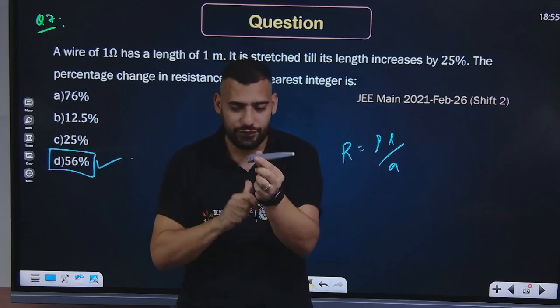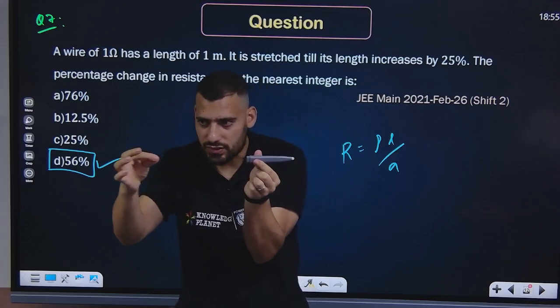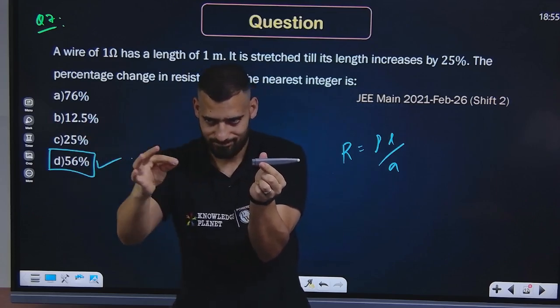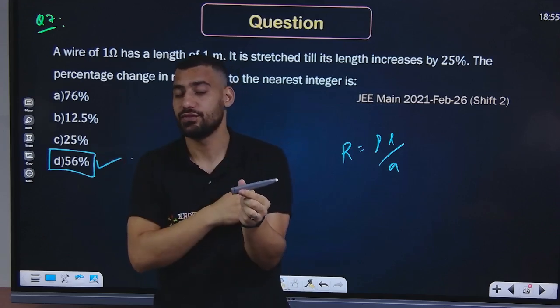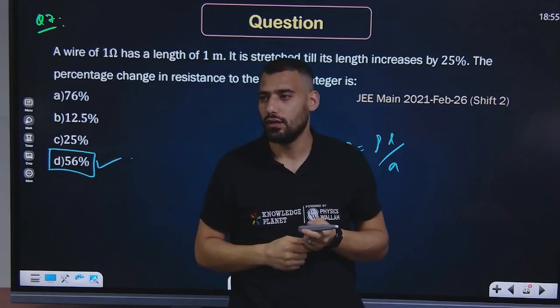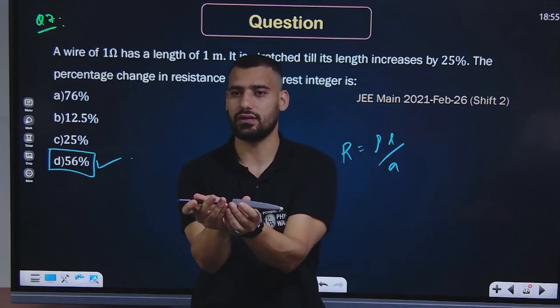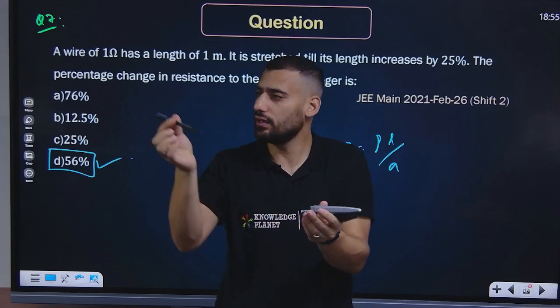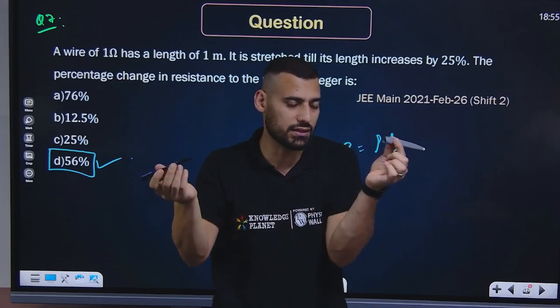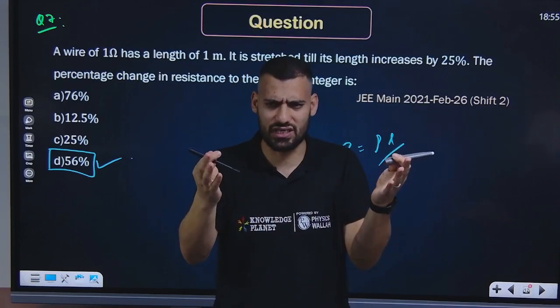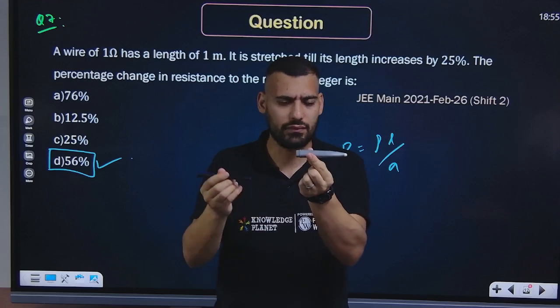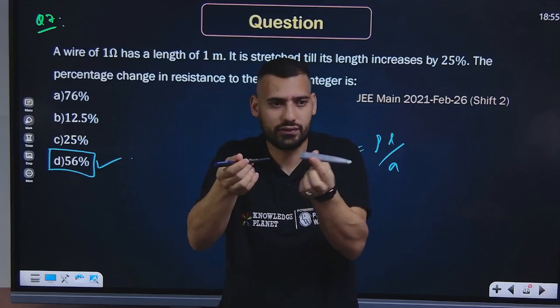But if you stretch this one, when you stretch it, the area will change. Stretching is different from attaching something. This has a resistance R, this has a resistance R, all double. And resistance is simply the traffic jam. You are increasing the length of the road, so there is more traffic jam.